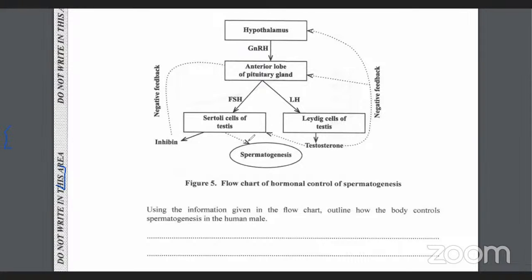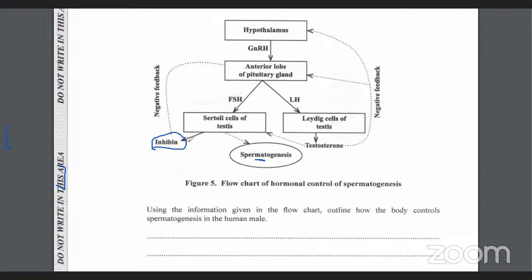Now, once this process has reached a certain level, the Sertoli cell is going to secrete inhibin. All right. Now, if you notice negative feedback, that's a control mechanism. So when this reaches a certain level, you need it to stop. So the Sertoli cell will secrete inhibin.